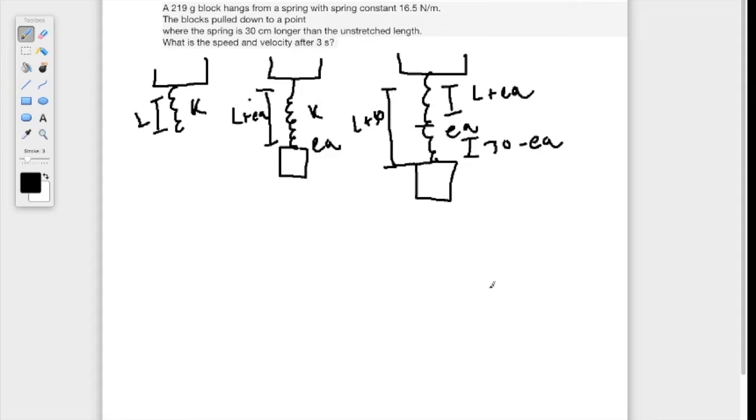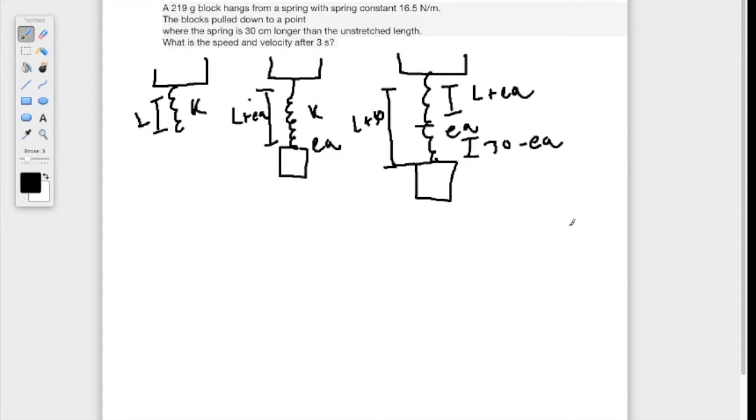And when you add these together, the equilibrium positions cancel out, and then you get L plus 30. But to find where the equilibrium position is, we have to use force balances.